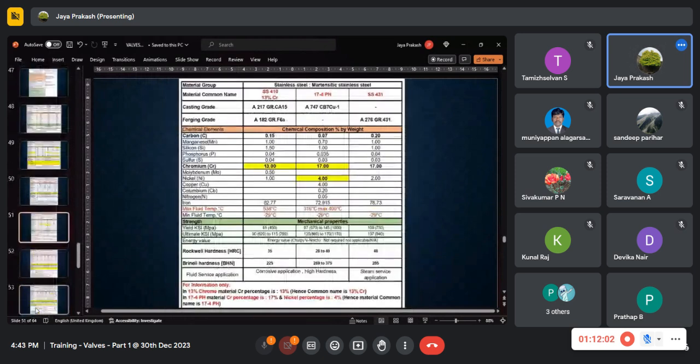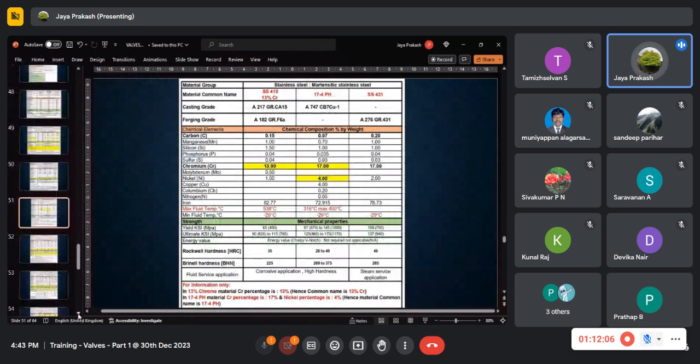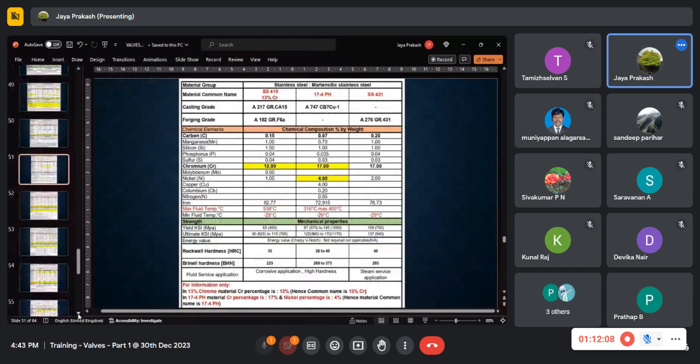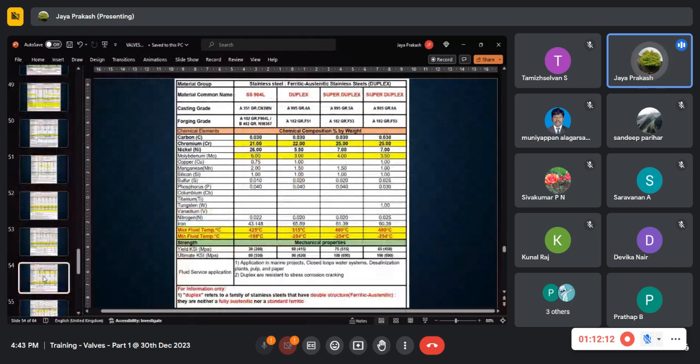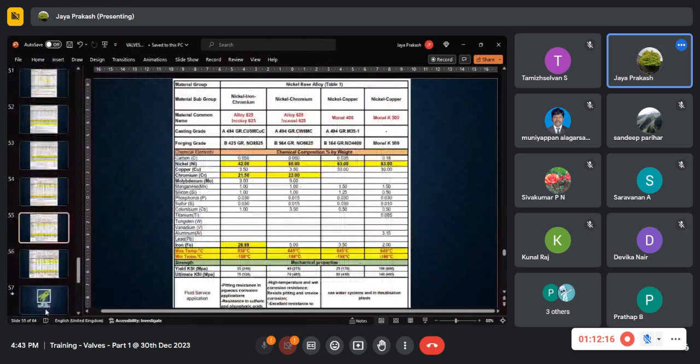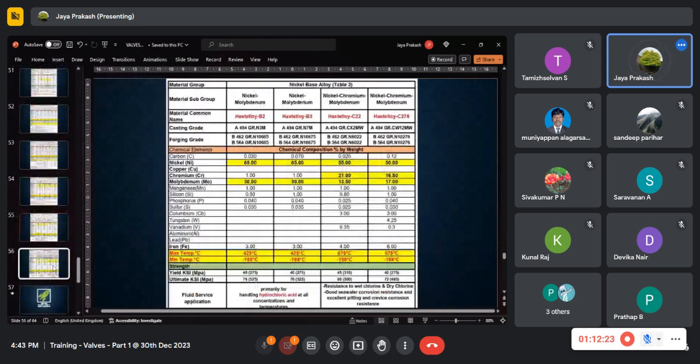And stainless steel material: ferritic, austenitic, duplex stainless steel. Nickel base alloy material, and other nickel base alloys and other materials.